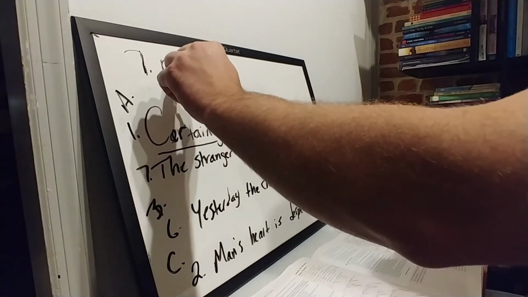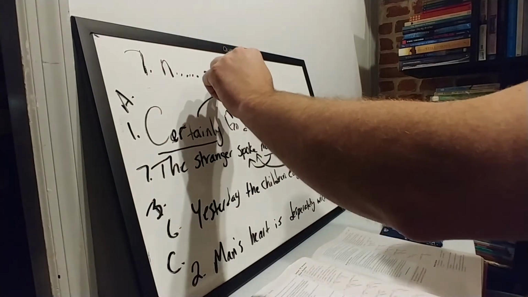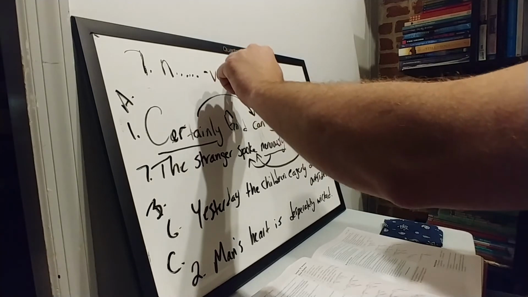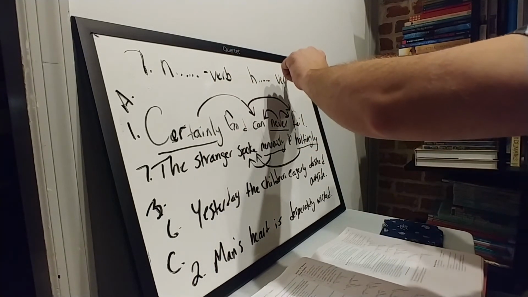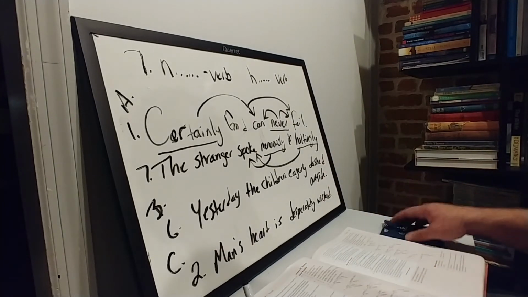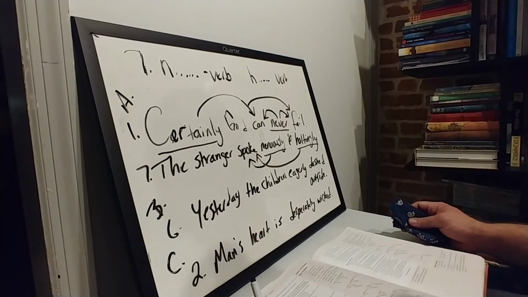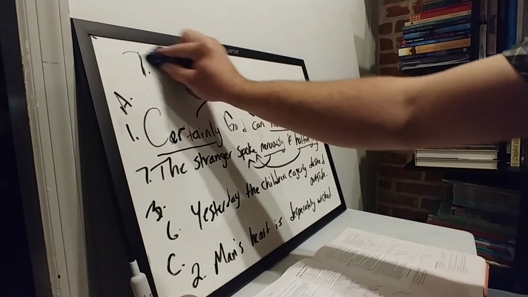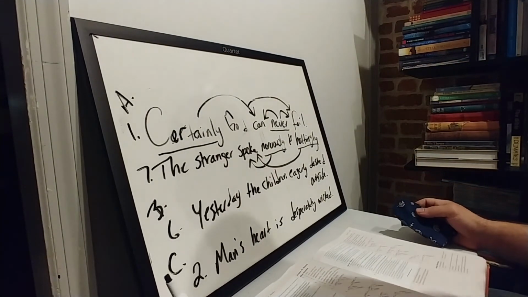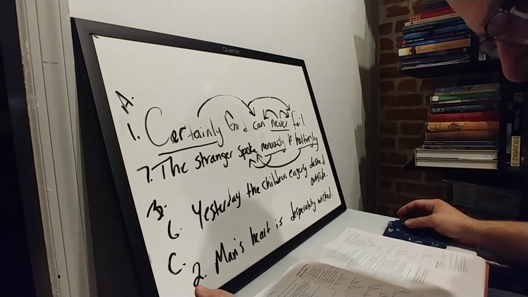So you'll write nervously. There again, it's the verb. Haltingly. And you'll write yours out. I'm kind of abbreviating here not to take up too much time. Alright? You can see how that works. So that part shouldn't be too hard. I shouldn't have picked both ones that modify verbs.